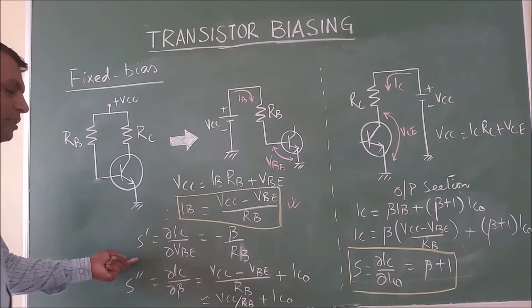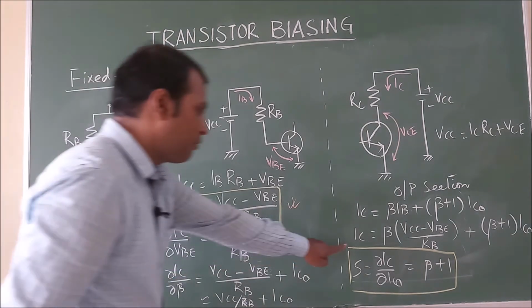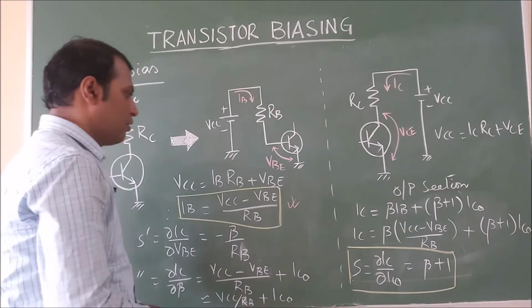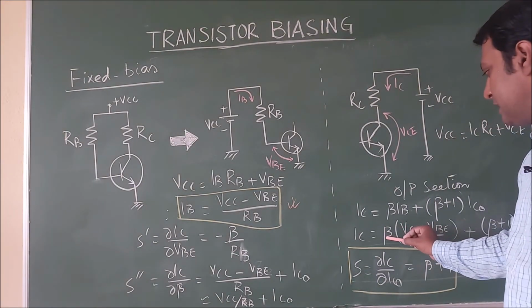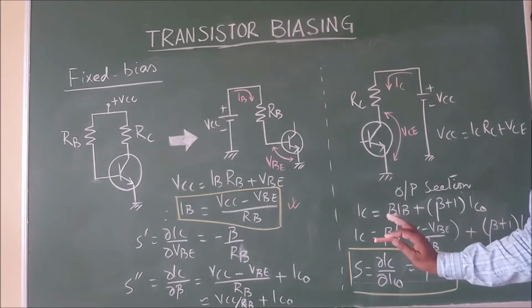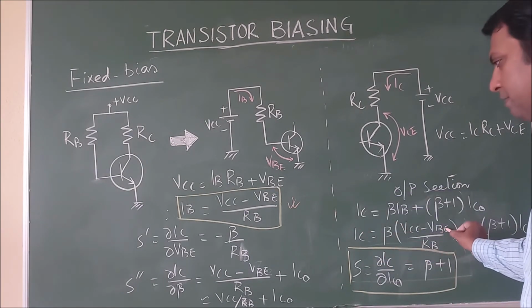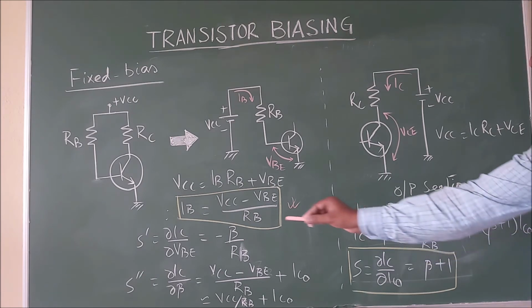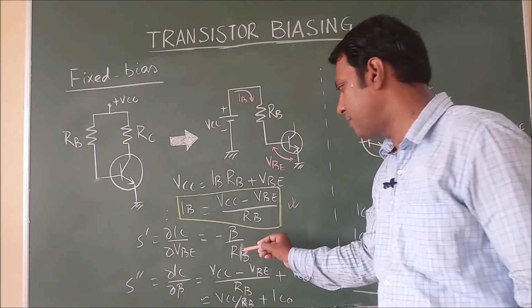Then S dash is equal to del IC by del VBE. From this equation, the first term is beta into VCC by RB, which is constant, and with the minus sign, VBE is differentiated with respect to VBE, so S dash is minus beta by RB.